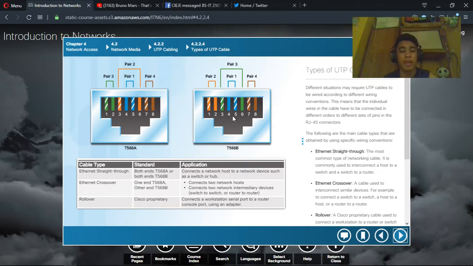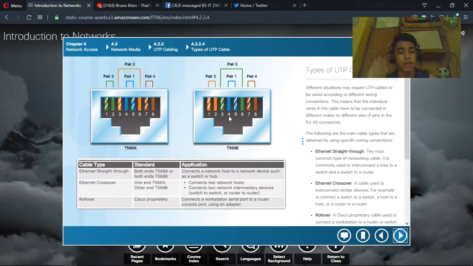Don't forget, when pairing these, the striped color must go first, like this: the first, the second, the third, the fifth, and the seventh.